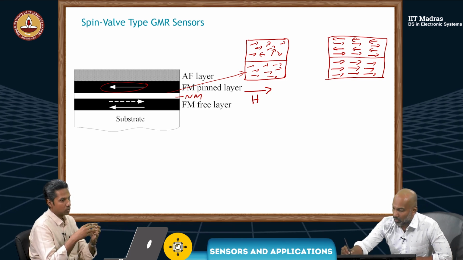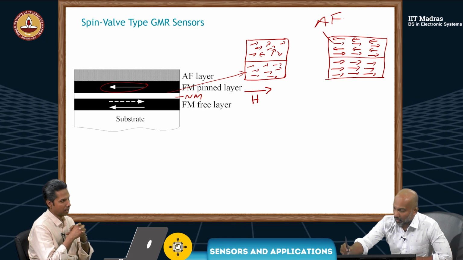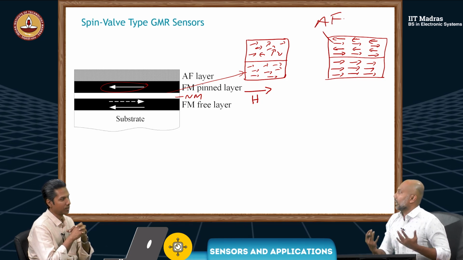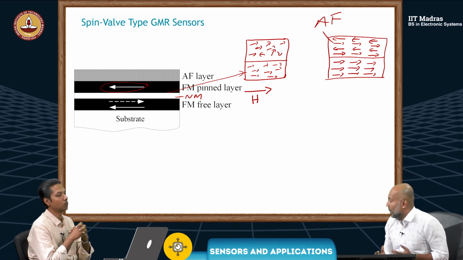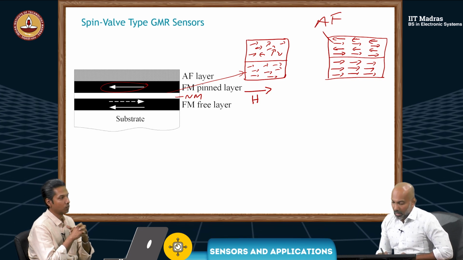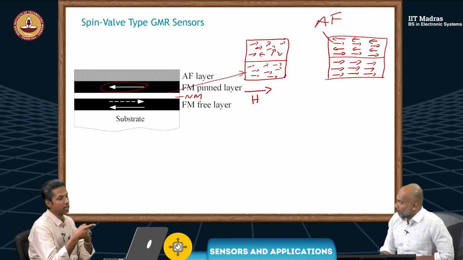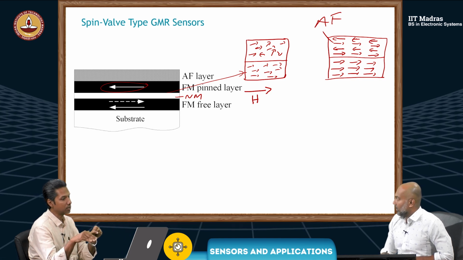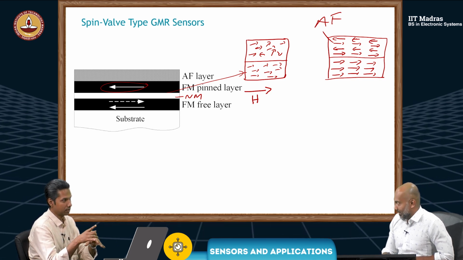So that means your resultant is nothing. Your total magnetic moment is 0. Initially they were random, but when you applied some magnetic field, they align like this, which is called an antiferromagnet.